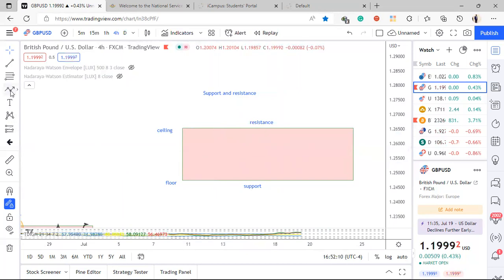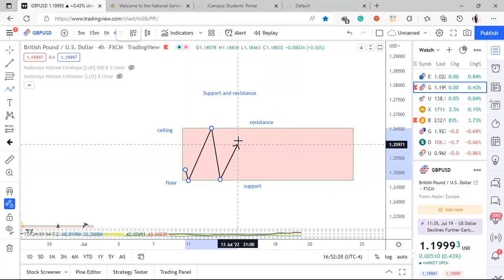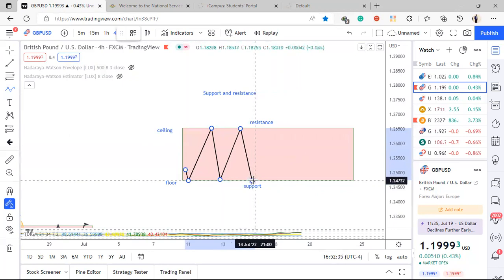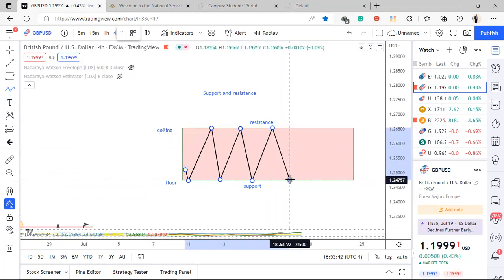At every material point in time, when price hits the floor, we anticipate price to go up until it hits the ceiling, it comes down, hit the floor, go up again, hit the ceiling, come down, hit the floor, hit the ceiling, hit the floor.